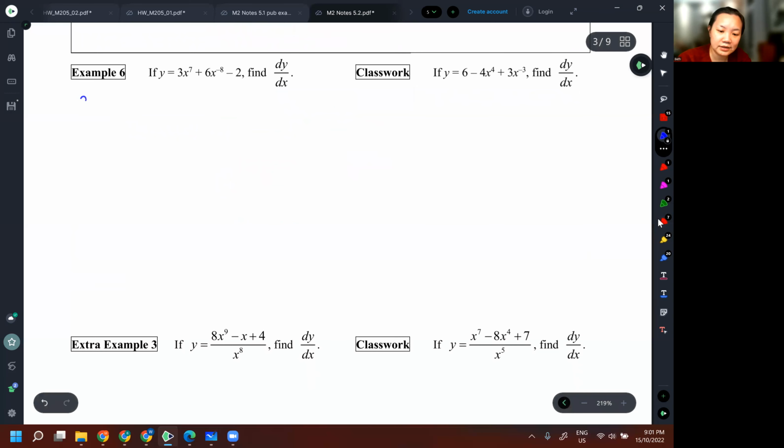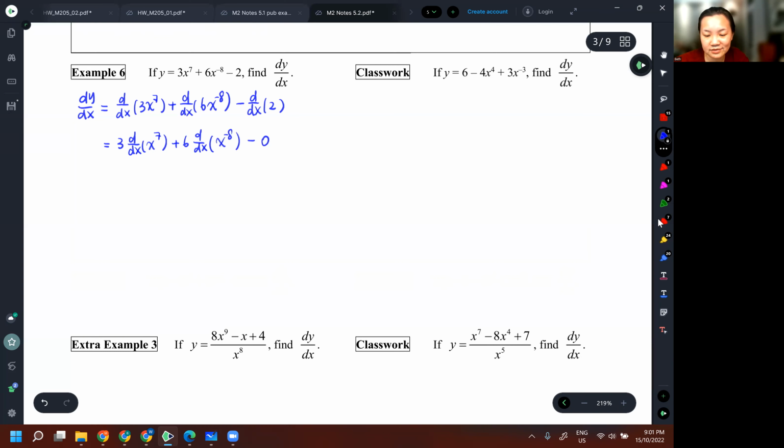This one, dy/dx, is equal to d/dx of the first one, plus d/dx of the second one, minus d/dx of the last one. And then you take out 3, d/dx of x^7. You take out 6, d/dx of x^-8.